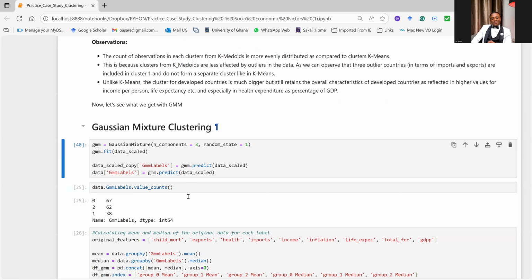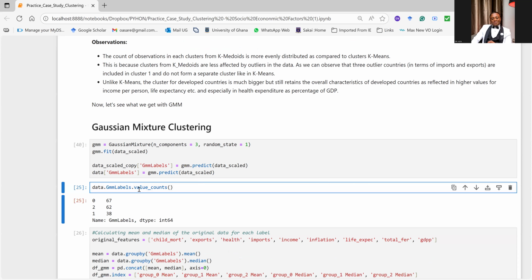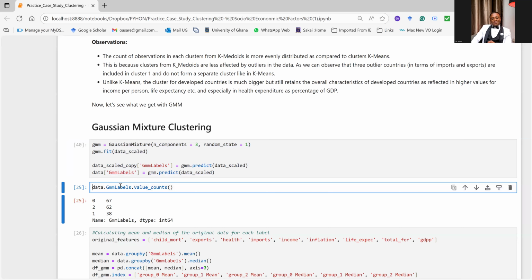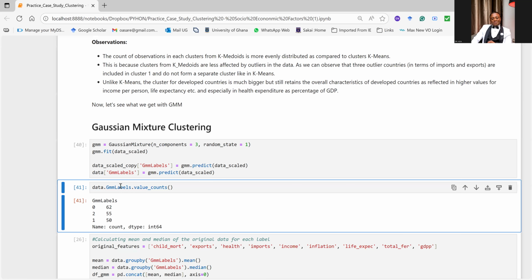Okay, so run the first command, and then let's count which countries will belong to this. Remember, all of them are using the K clusters of 3. So you can see that the N component there is indicating that we are using group 3. Now we are going to distribute the observations across the clusters, across the groups, using this command.